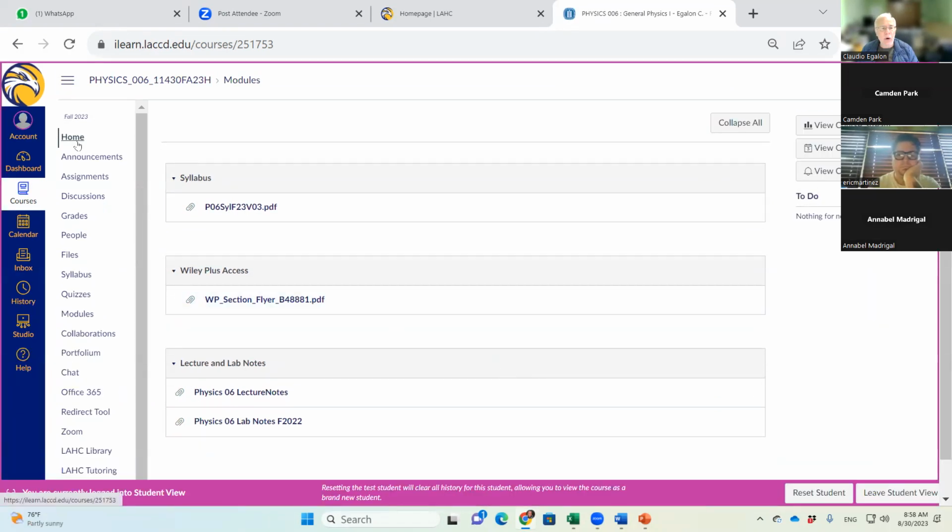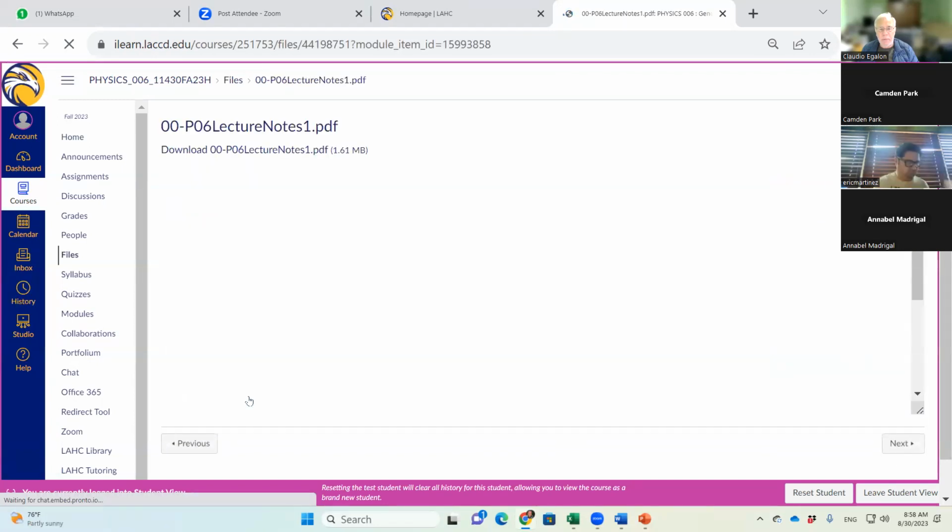On home, make sure you have access to that. Here you go, here are the syllabus, here's the flyer, and those are the lecture notes. And I separated the lab notes from the lecture notes as well. Everybody can see that, right? Which one is which?